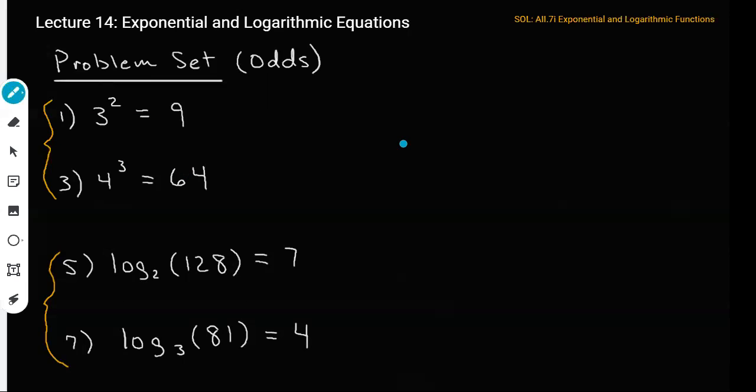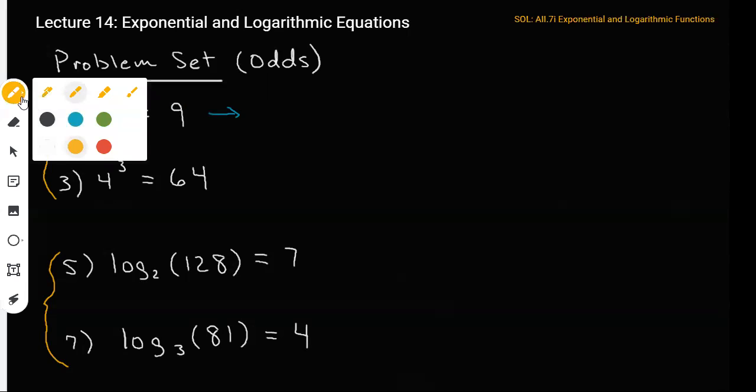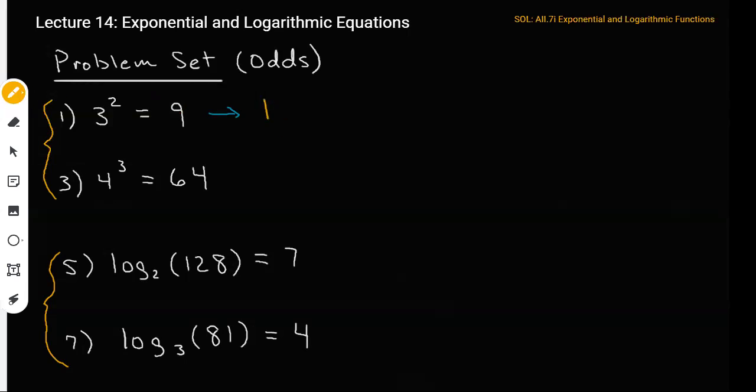Okay. For the first problem, we're given 3 to the 2nd power is equal to 9. So I start off my logarithm. What I want to do is take the base and use that first. My base is going to be 3 this time. Then I'm going to take the exponent and throw it to the other side.